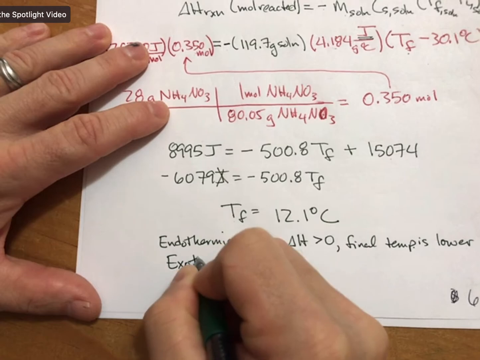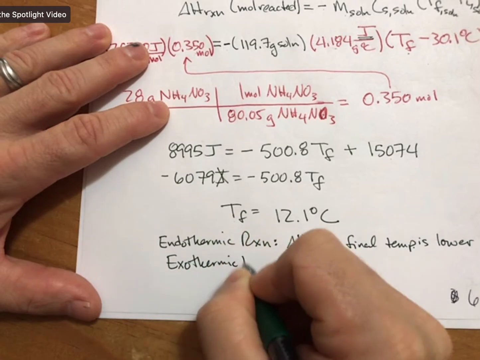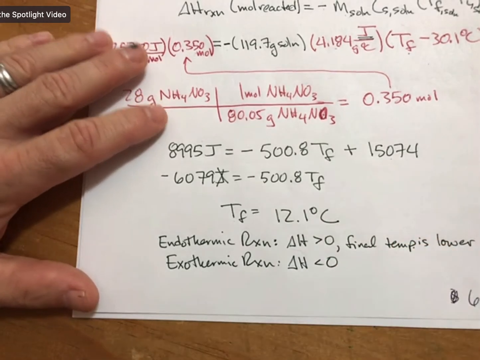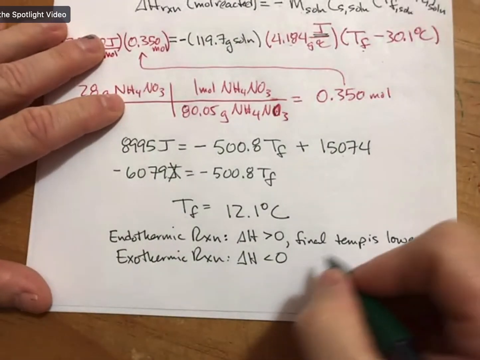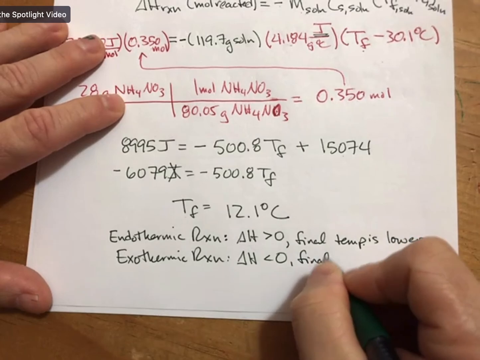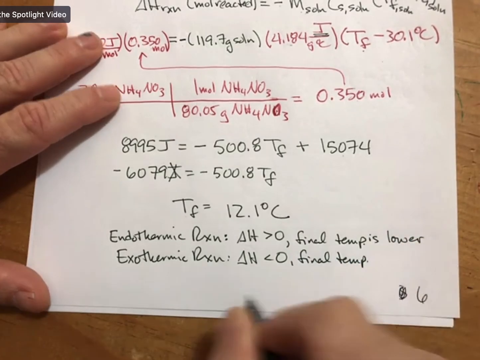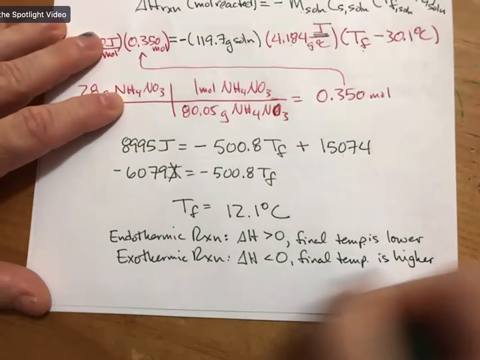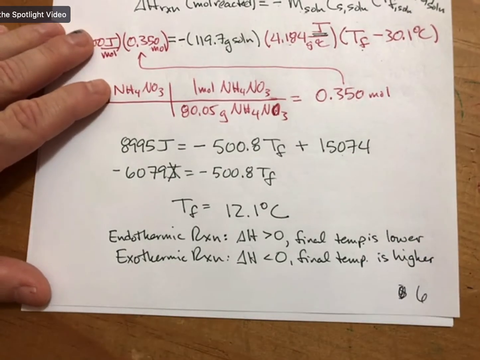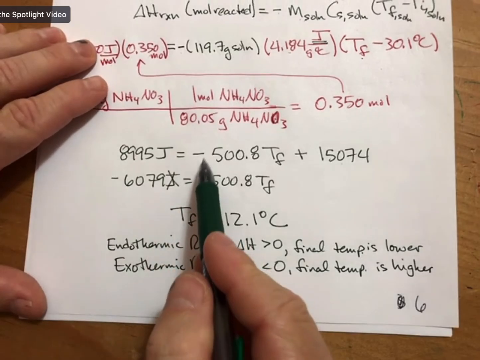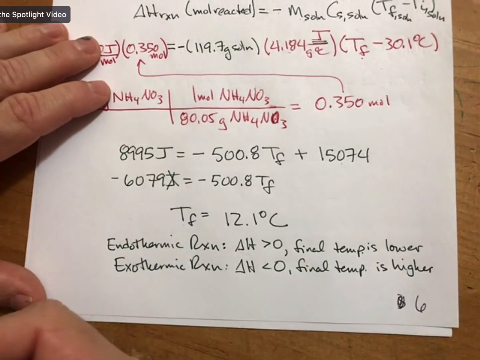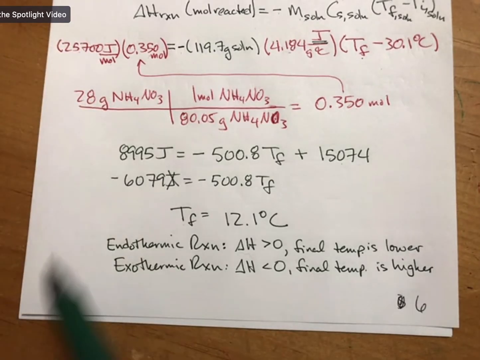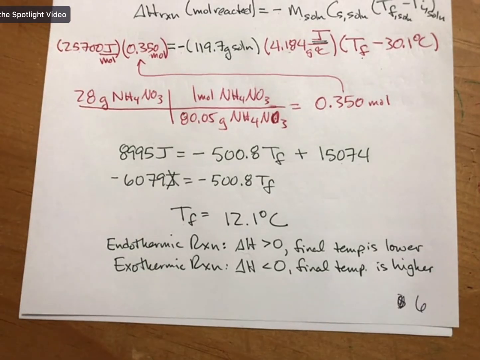Exothermic reaction: delta H is less than 0, final temp is higher. And the reason I make this note is because it is so easy to drop a minus sign in here. I want you to know what you should expect for an answer.